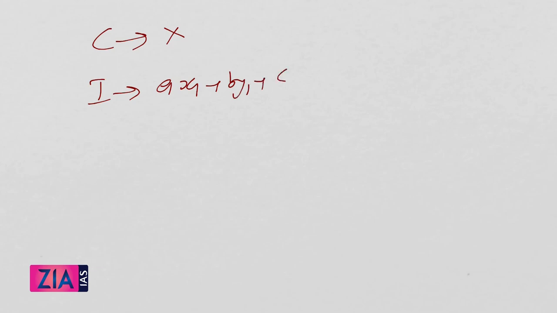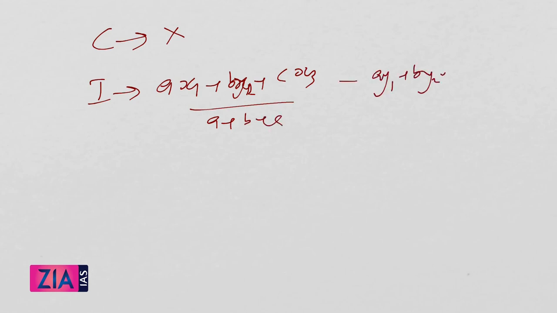So what we need is the x coordinate and the y coordinate. See, again it is related to the incenter that we have learned. Centroid, no problem with the equation: x1 plus x2 plus x3 divided by 3, y1 plus y2 plus y3 divided by 3. Incenter: a x1 plus b x2 plus c x3 divided by a plus b plus c, and a y1 plus b y2 plus c y3 divided by a plus b plus c.